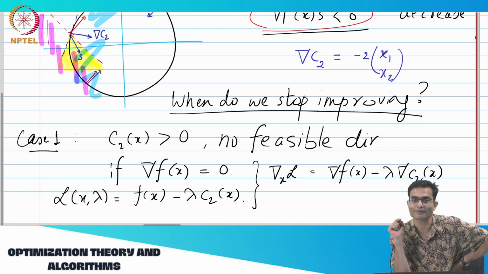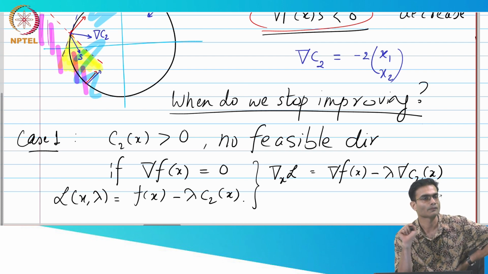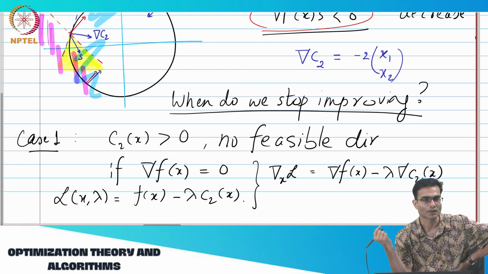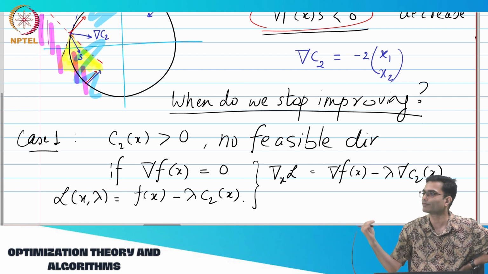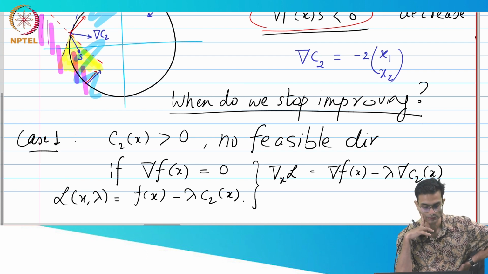In the equality constraint problem, we had found out that the signature for being at the optimum point was that the gradient of the Lagrangian was 0. If I want to keep the same kind of analogy over here, what do I do? Can I still set grad L equal to 0 to capture case 1?